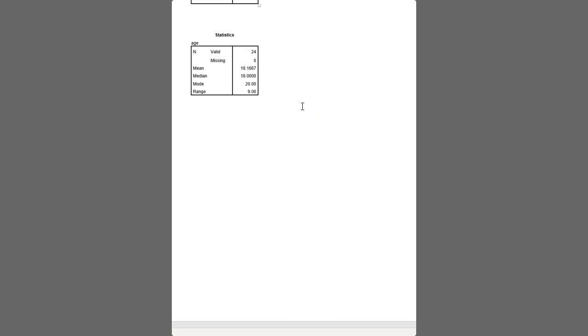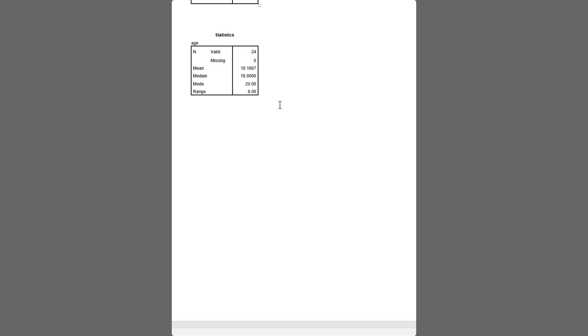So how do we deal with this when we're looking at this measure of central tendency? Well, we compare the median and the mean, and if there's a substantial difference, that indicates something to us.